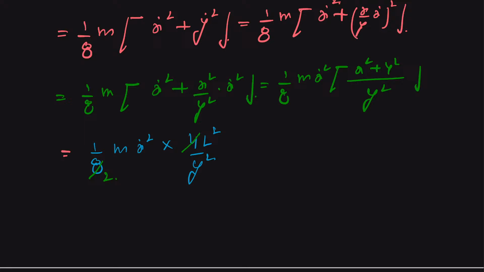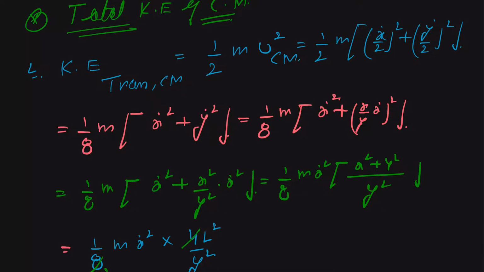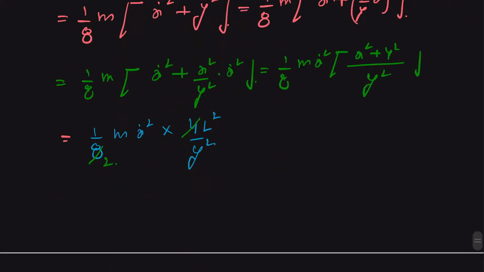Did I miss something? This is our half, 4 8. No, it's correct. So this comes as our 1 by 2, and we have this as our m l square x dot square upon y square.